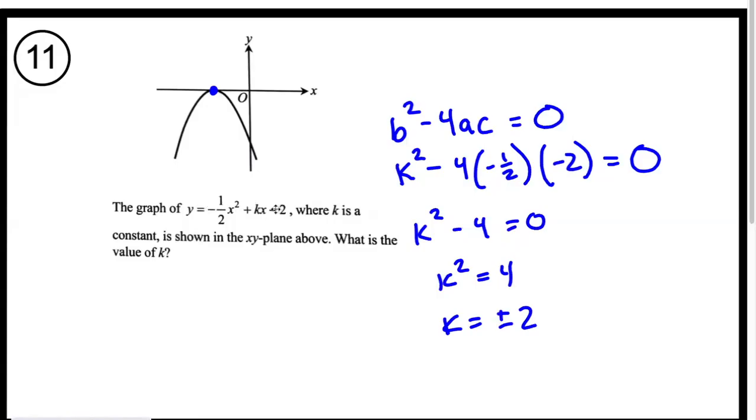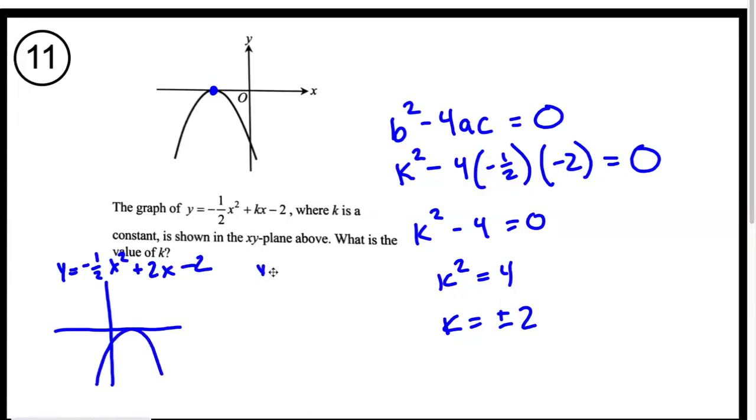It's kind of tricky with the transformation, so this is where I would probably use Desmos, and I'm not going to pull that up here, but if you graph y equals negative 1 half x squared plus 2x minus 2, that's as if k were positive 2. That actually is going to look like this.